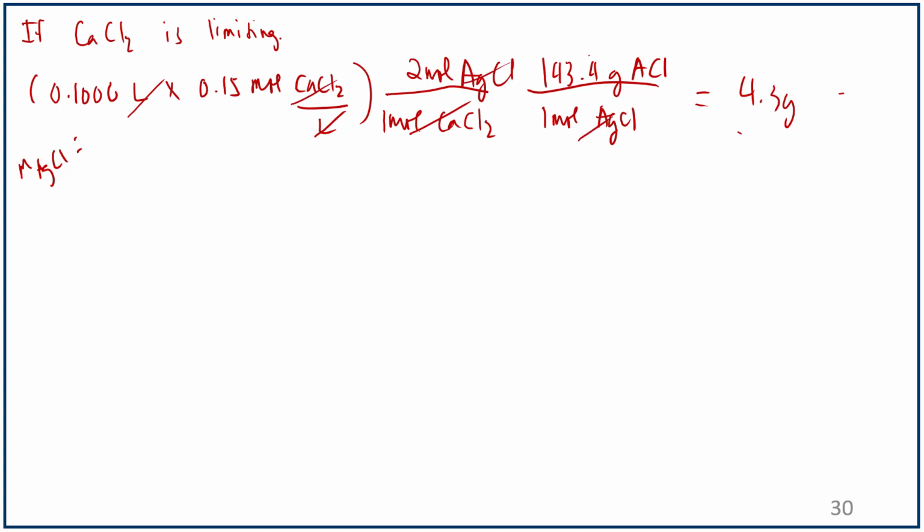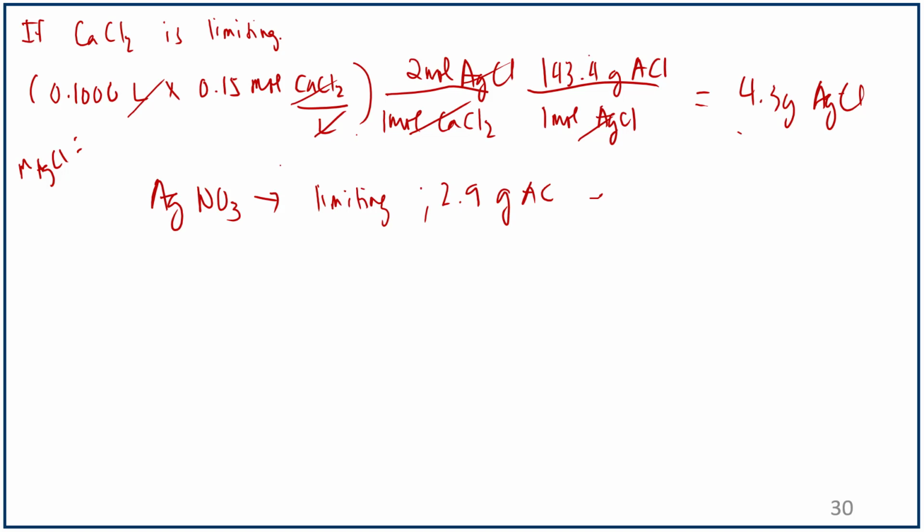That's how much AgCl you produce if calcium chloride was limiting. Now, 4.3 is a larger number than 2.9, so therefore, silver nitrate should be limiting. And therefore, the amount of silver chloride that you produce is 2.9 grams, not 4.3.